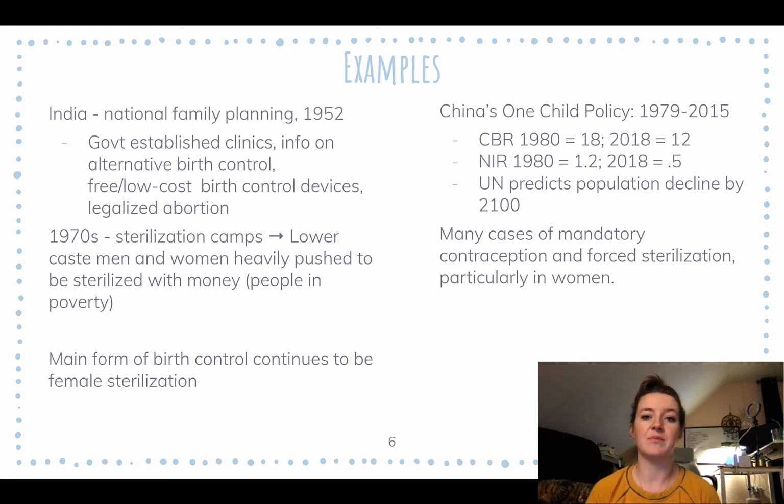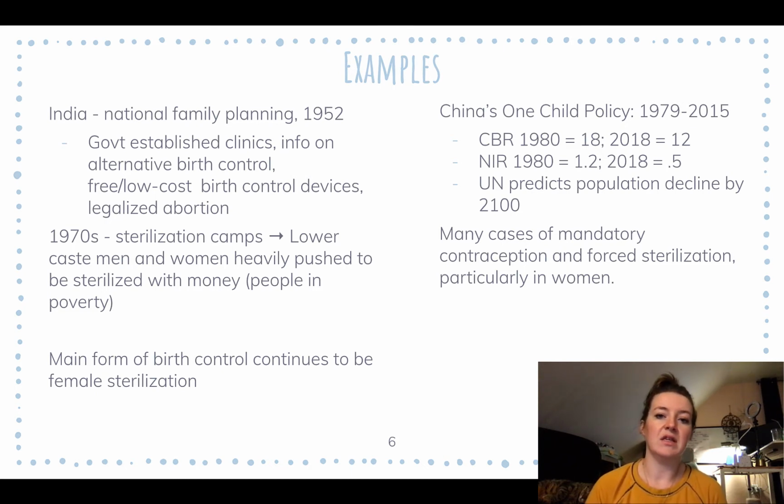The second big example, and maybe the most well-known one, is China's one-child policy. This was in place from 1979 until 2015, and the aim was to lower the overall fertility rate and birth rate and get the population under control. In 1980, the CBR, or crude birth rate, was 18. In 2018, it was 12.